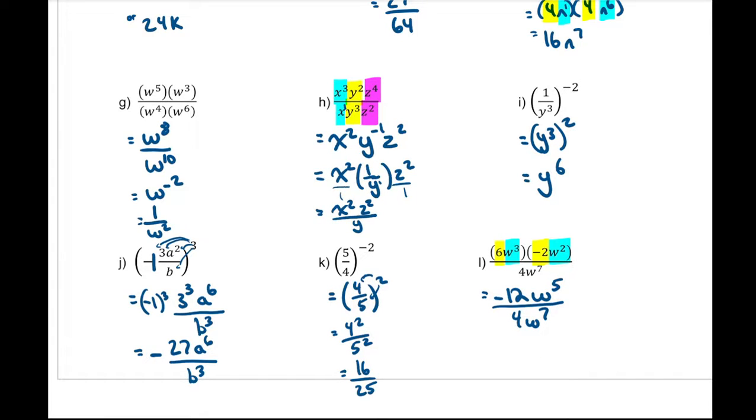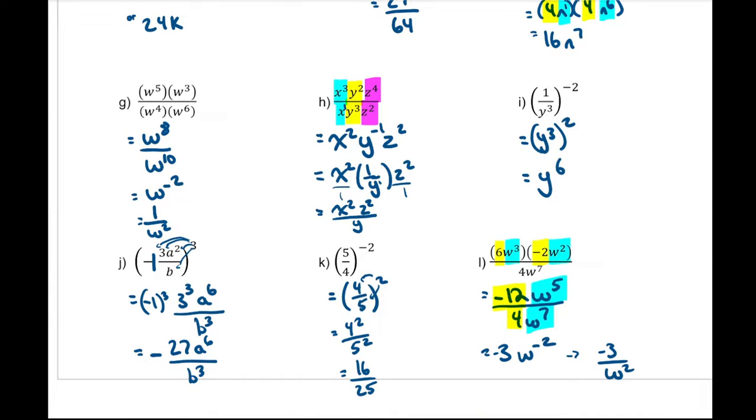Now, finally, I have just a single term on top and a single term on the bottom. I'm going to go through the same steps. Focus on just the numbers and just the powers with the same base. So negative 12 divided by 4 is negative 3. w to the power of 5 divided by w to the power of 7, you get w to the power of negative 2, which then turns into negative 3 over w squared.